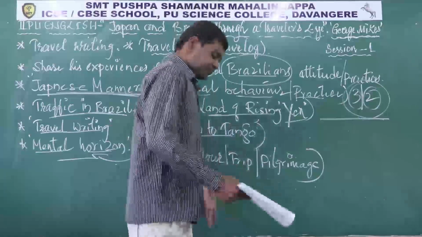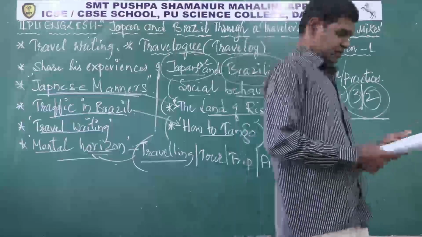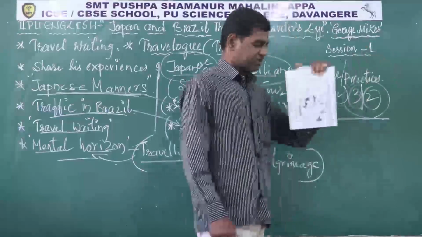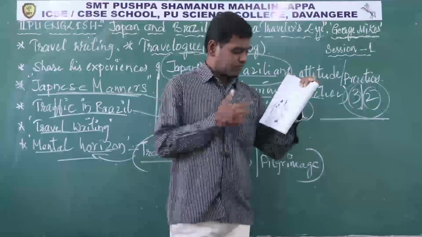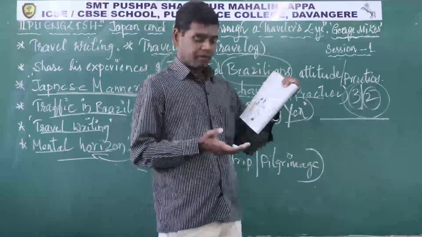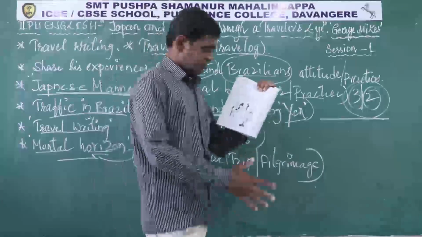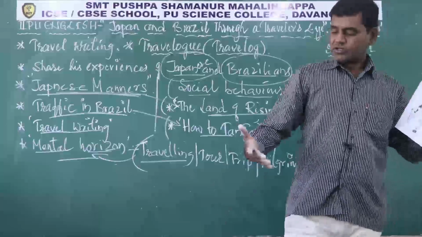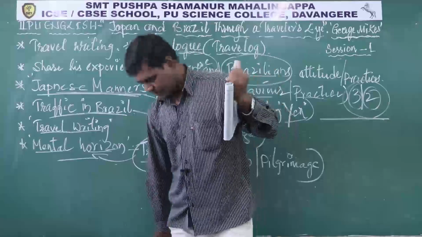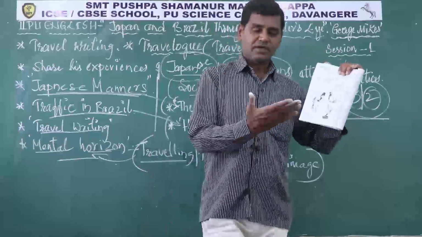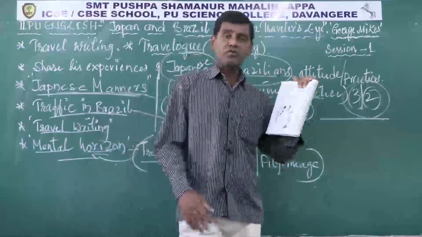Now, there is a picture given here. We don't want to skip things, because our board has taken the trouble to give us a picture here. They are bowing to each other. These people are bending towards each other, and we are familiar with that, isn't it? We know these things are performed in our karate and kung fu classes.